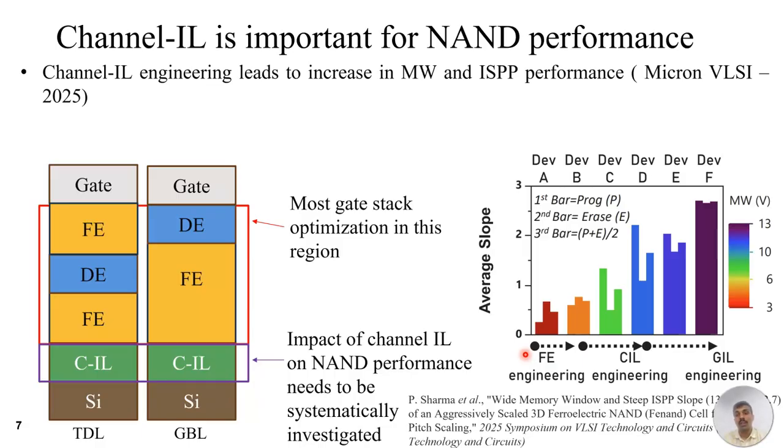A recent work at VLSI 2025 by Micron showed that the channel interlayer is important to enhance the ISPP slope and the memory window performance compared to a device with no channel interlayer. This shows that the channel interlayer is essential for Fe NAND performance, and it is important to understand how the channel interlayer affects the trap-based reliability of Fe NAND.